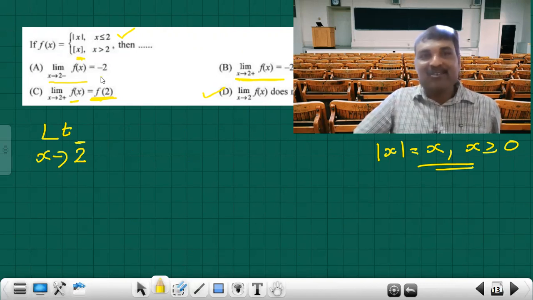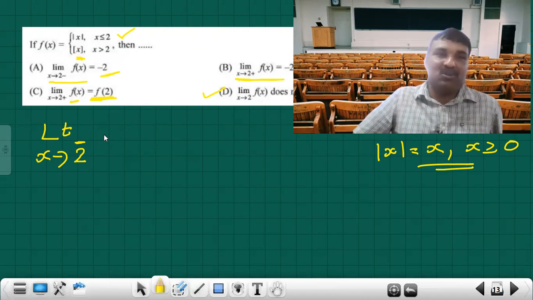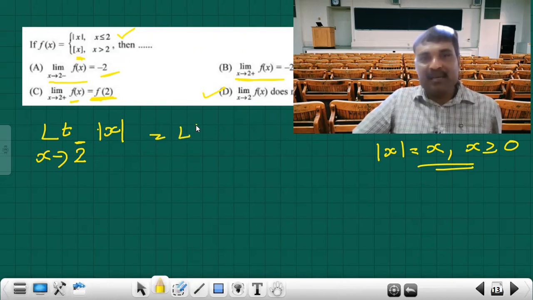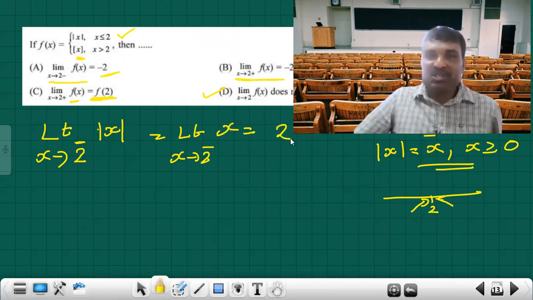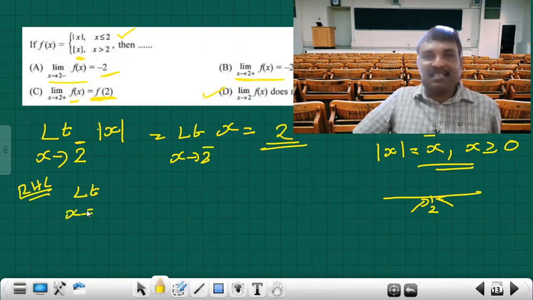You want to evaluate the limit with respect to the point 2, right? f of x is mod x, right? 2 minus means this is 2, so this is 2 plus and 2 minus. The value of the function is x, so the value is 2, right? Now, what is the right hand limit? That is limit x tends to 2 plus of the greatest integer x, right? That is equal to 2.